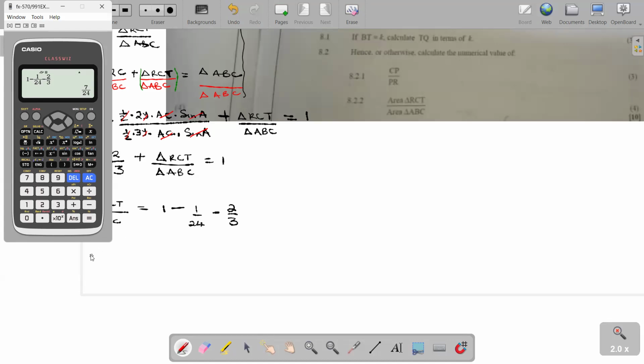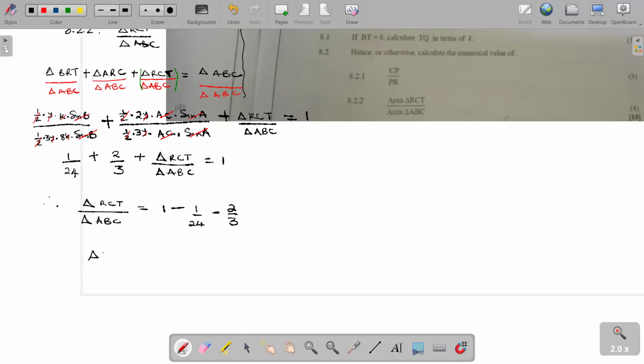So it will mean that the area of triangle RCT is to area of triangle ABC will be equal to 7/24. Thank you.